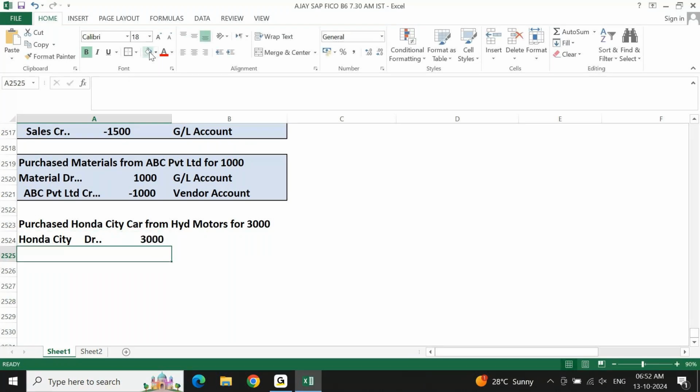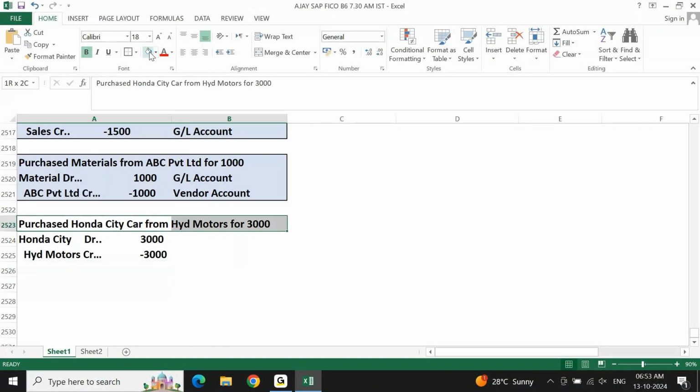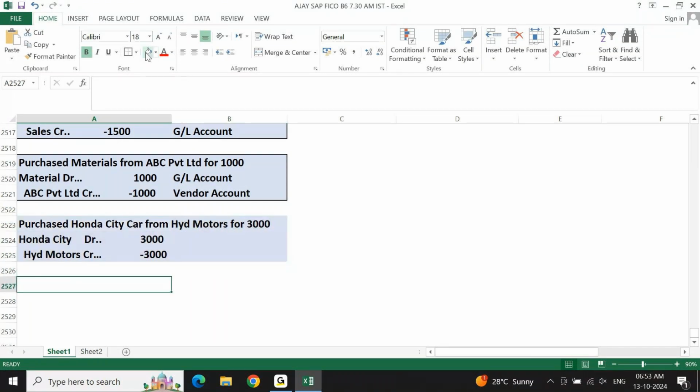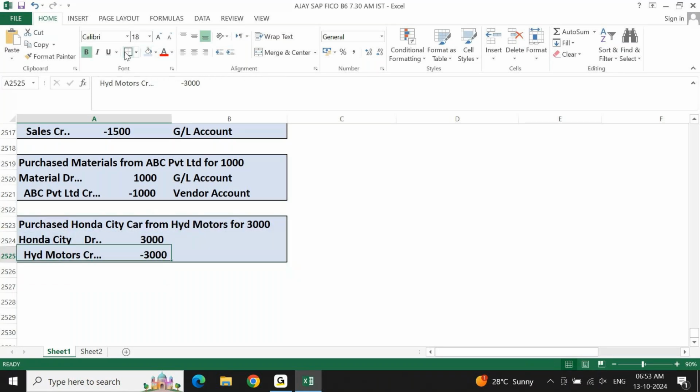Credit, Hyderabad Motors. Is this entry correct? Yes, sir. Last one.